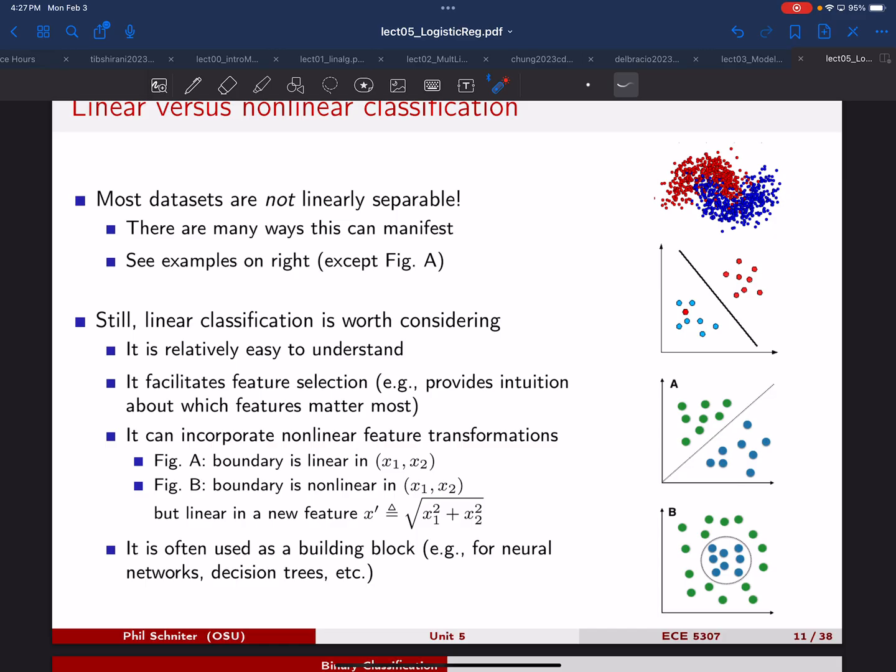Maybe if we're doing this breast cancer detection, we might want to know which of the data they collected from the tissue slides was most important. You can also, as we know with feature selection, navigate the bias-variance trade-off by removing features that don't really help that much. So that's something you can do quite easily with linear methods.